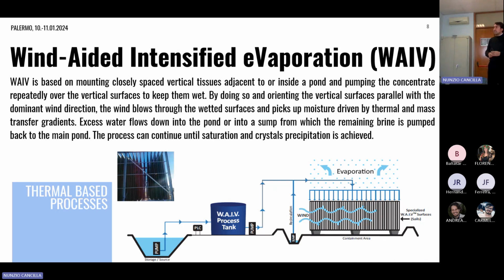You have these vertical surfaces, and over these surfaces you make the brine flow, and basically with this proper scheme, you make the evaporation process go on, and at the very end, you succeed in concentrating brine and producing salt.